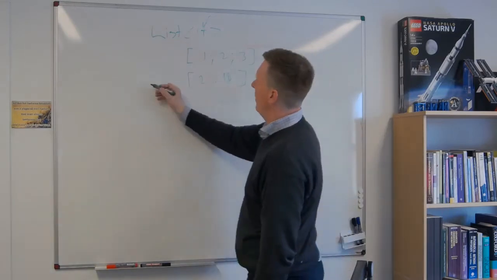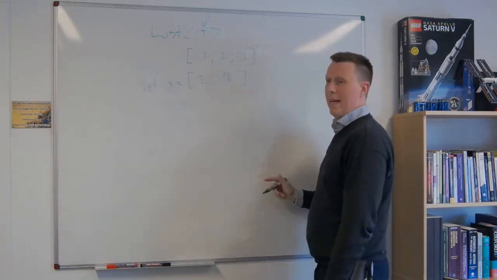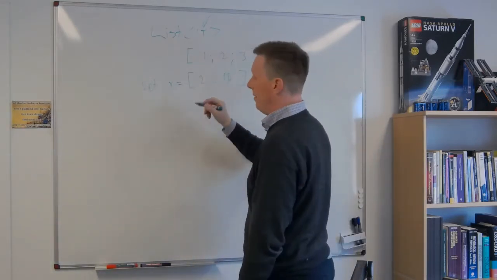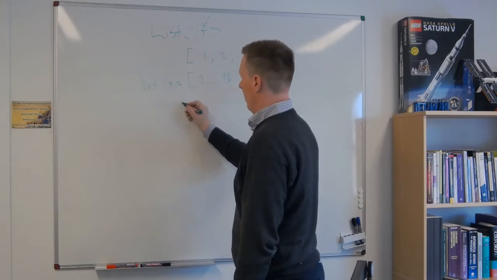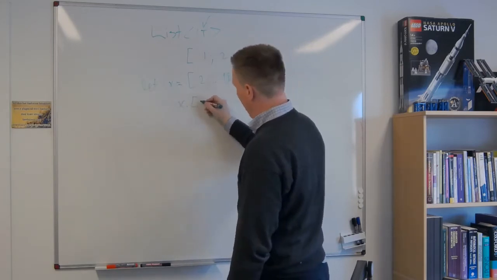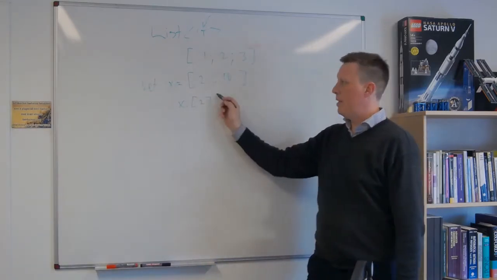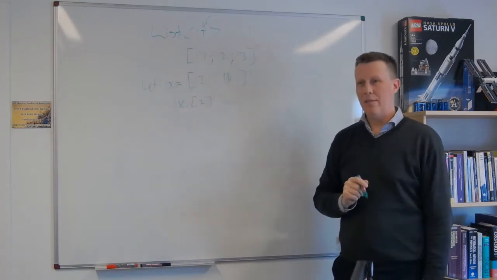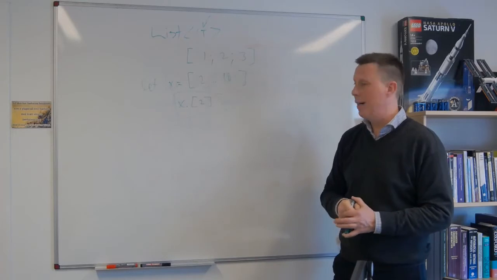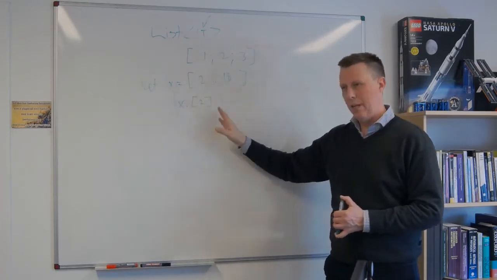And if we have let x equals like this, there's also an indexing shorthand instead of using the List.at method, which is x dot and then square brackets and an index like 2. Again, careful with these things, because they might throw an exception if you're trying to access an element which isn't there. So this is actually a partial function, and we need to be careful with those.